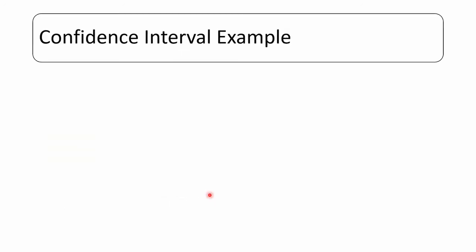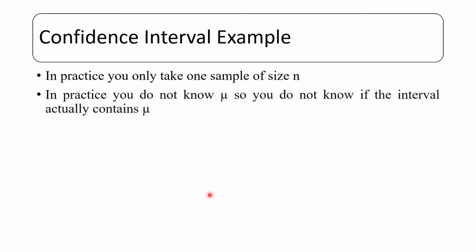So confidence interval, let's have a look at an example. So in practice, you only take one sample size of n. That is what you have been doing all this time. And in practice, you do not know your population mean. So you do not know if the interval actually contains this population mean.